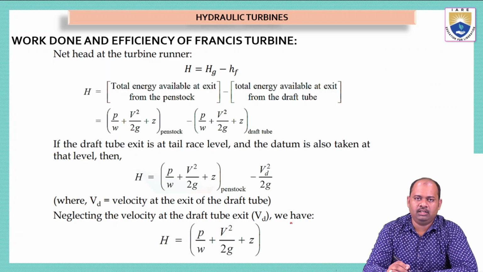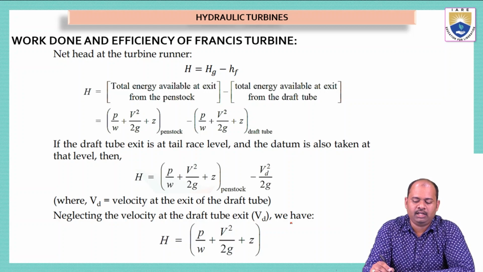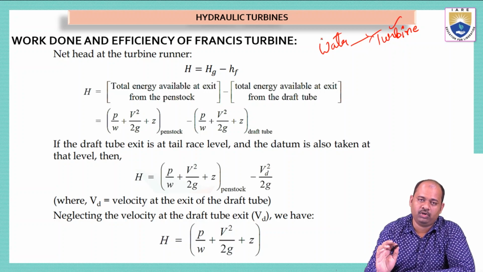Now we will see the work done and efficiencies of the turbine. In any turbine, we have to calculate how much work is done by the water on the turbine, because we are sending water at high pressure and velocity onto a turbine. Now we have to calculate the work done on the turbine by the water.